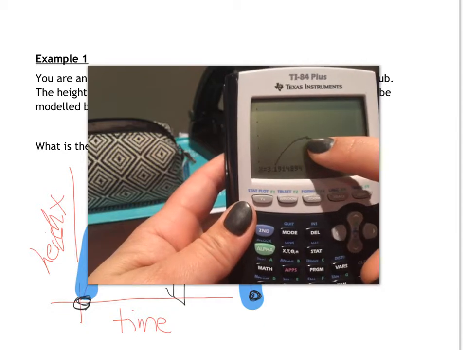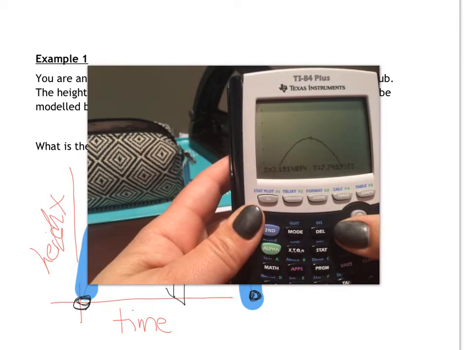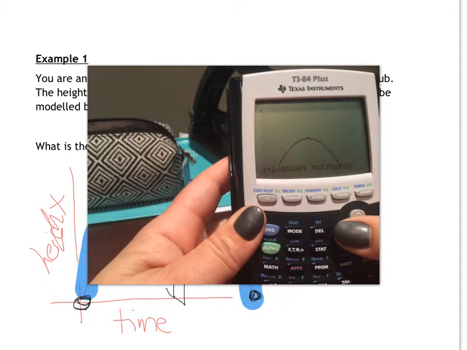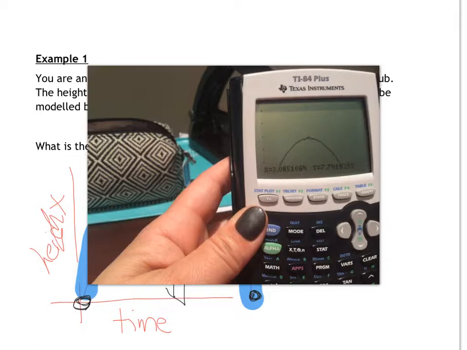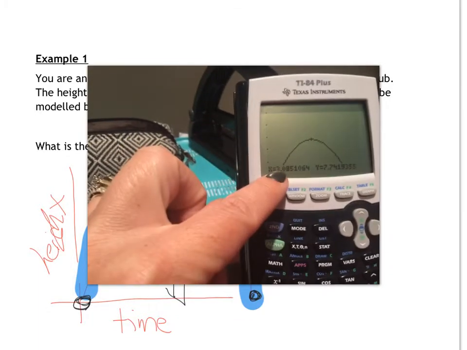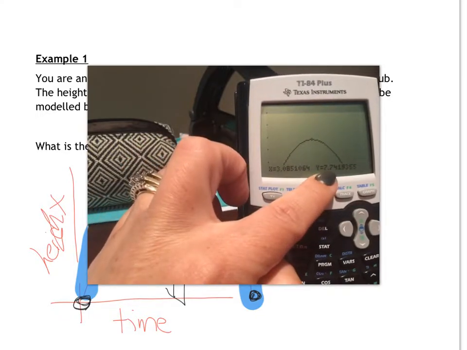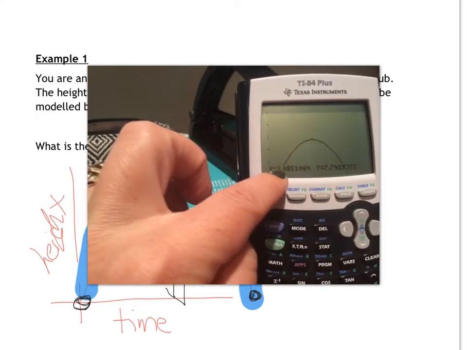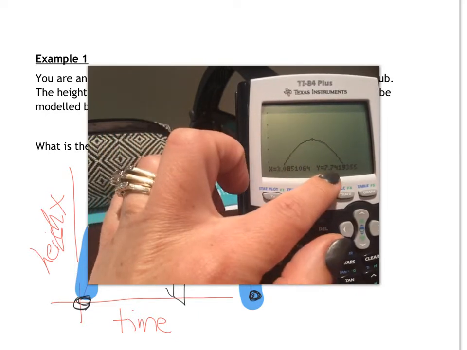Now, I don't know if you can notice really well here, but see how my cursor is not really blinking at the exact vertex point? I'm going to move it over just a little bit and make sure that it's exactly at the vertex. Now, you'll find that our x value here is 3.08 and our y value is 7.7. In terms of this problem, remember x is time and y is height.